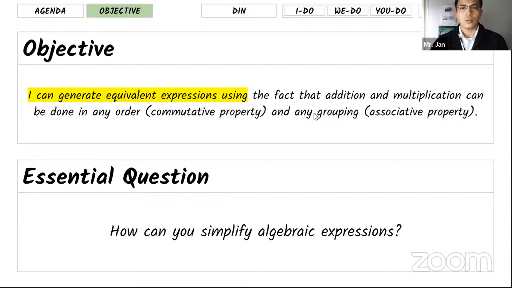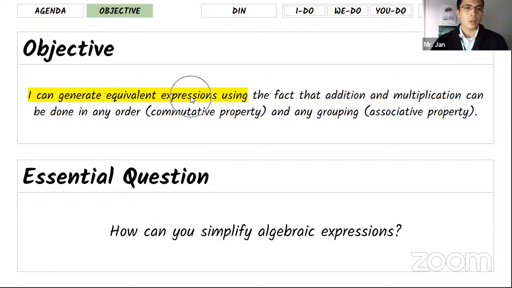Okay, and you can also do addition and multiplication by grouping with any numbers. You can flip the order or change the parentheses. We call that the associative property. So by using these two skills, we can generate equal expressions. When it says equivalent, it's basically equal expressions.